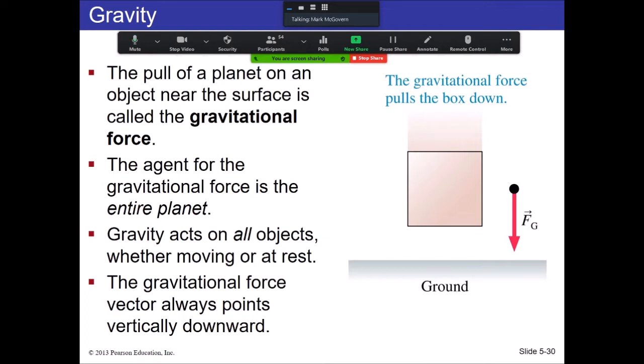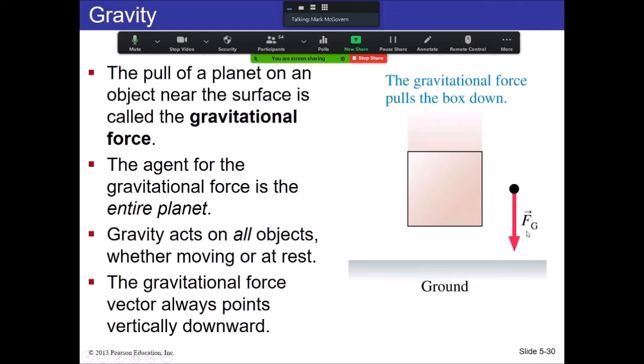Unless you're told otherwise, you should always assume that gravity is at work in the problems, or there's something about the problem that strongly suggests you don't include gravity, like you're not on Earth.